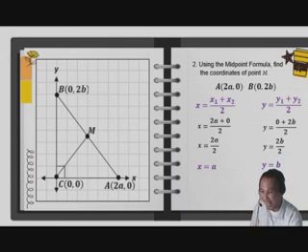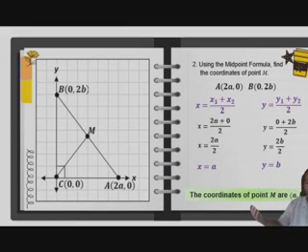Therefore, our midpoint is at point (a, b).